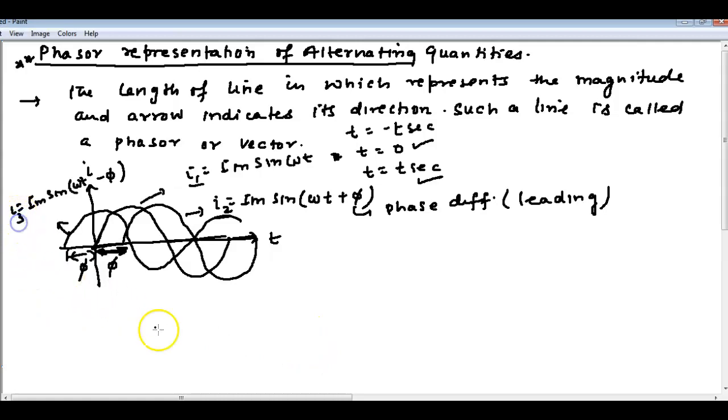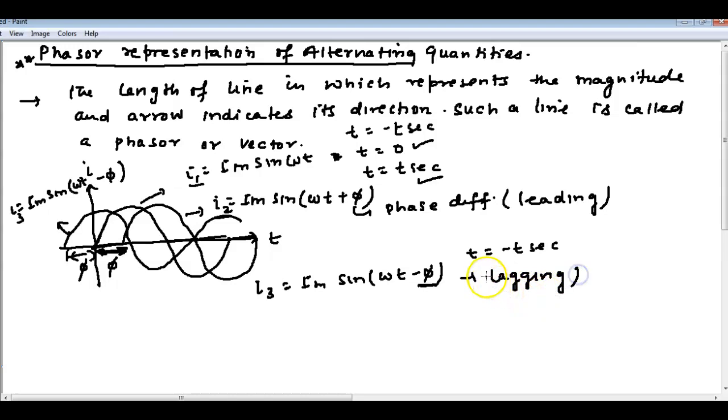This is I3, considered at t is equal to minus t second. So this is lagging by phi. It's going behind I1, before I1, so that's why it is called lagging. Any doubt till here? This is leading with phi, and this is lagging with phi from I1, right?